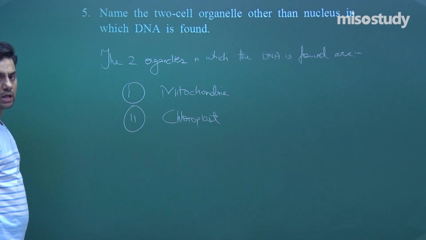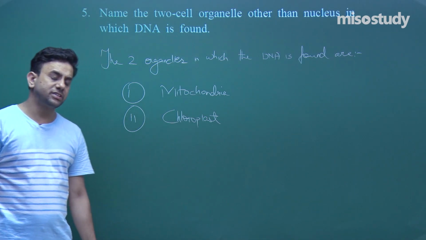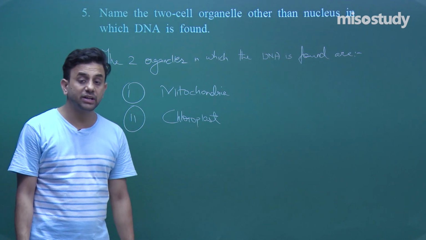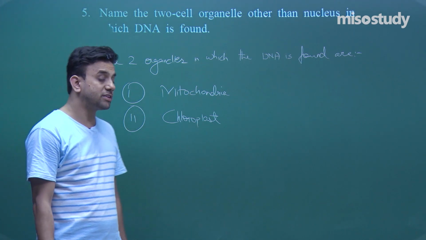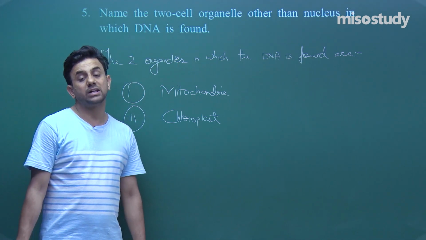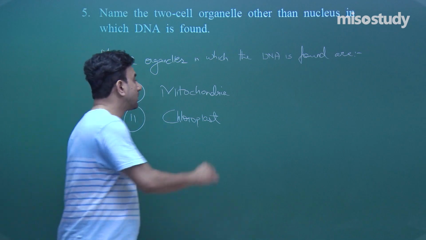Since the DNA is present in these cell organelles, they can divide on their own, and hence these are also called the semi-autonomous organelles, right?